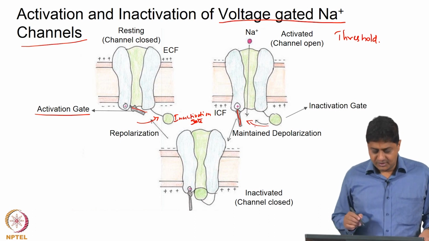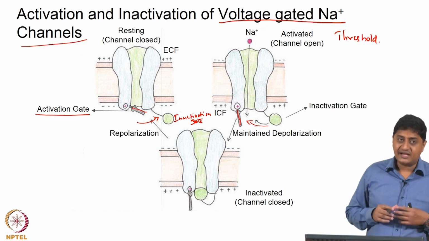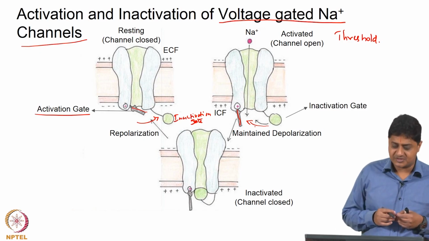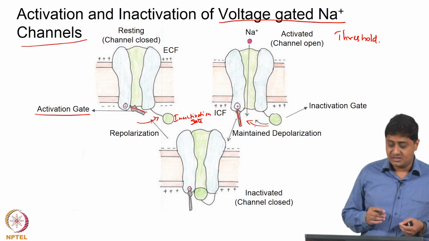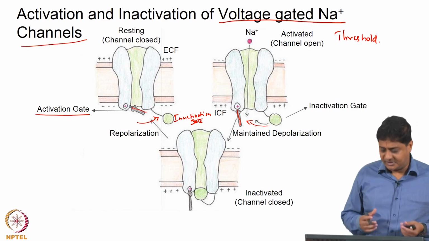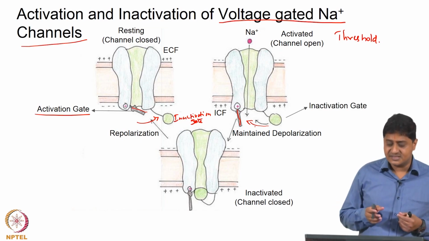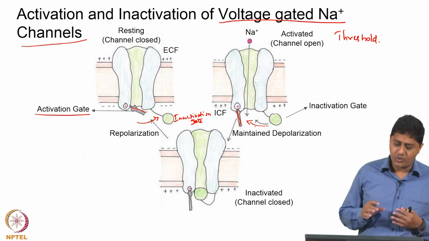However, it turns out that the activation gate opening is a relatively rapid process, a very fast process. As soon as the command is reached, the activation gate immediately opens, whereas closure of the inactivation gate is a relatively slow process.